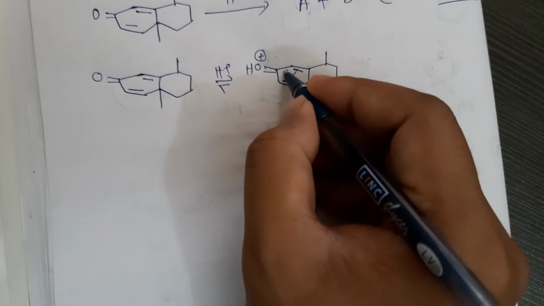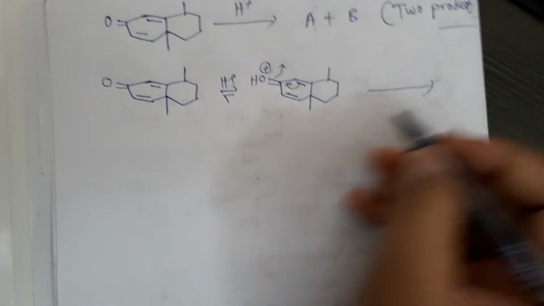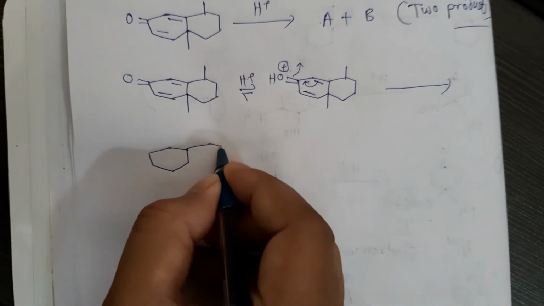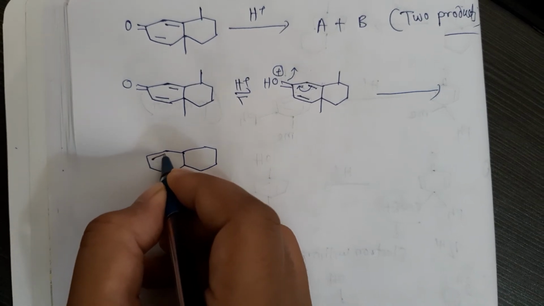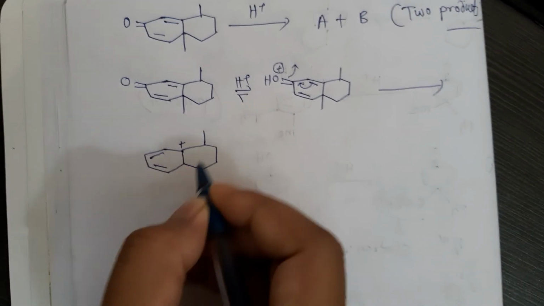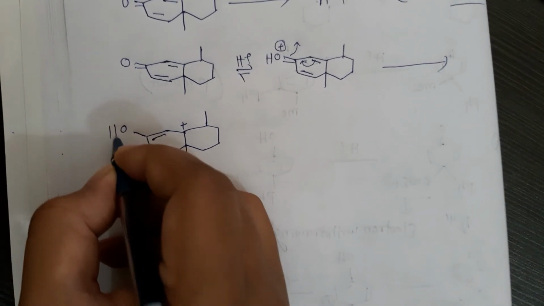So that double bond is not migrating, only this double bond is shifted to that position, and the carbocation which is formed is a 3 degree carbocation. Got it? Here carbocation, here methyl group, here methyl group, here OH group.